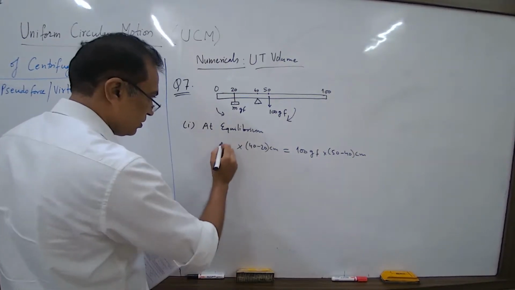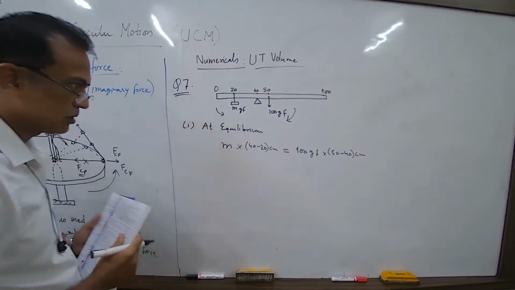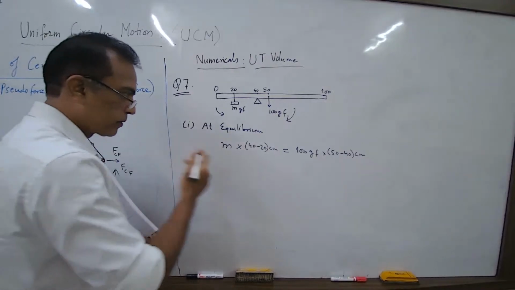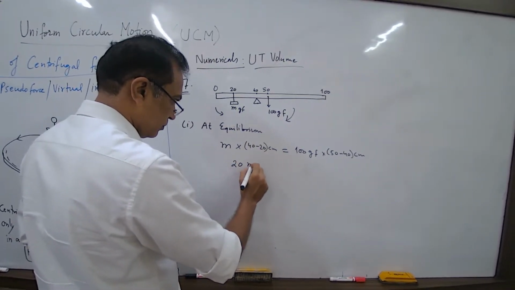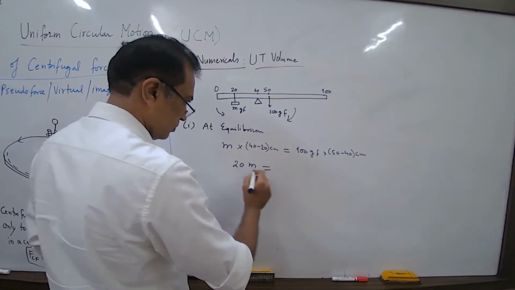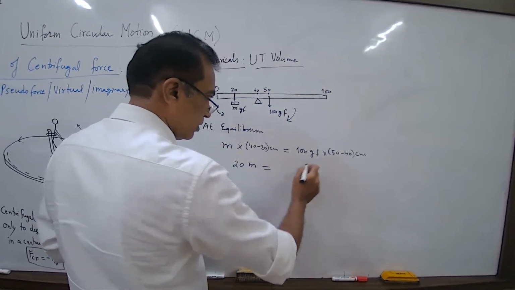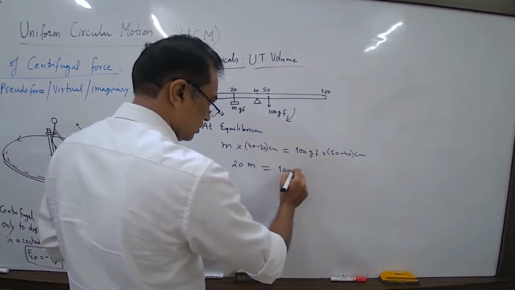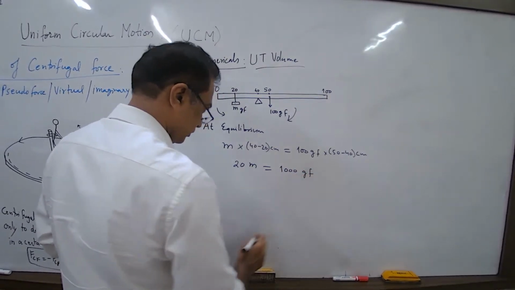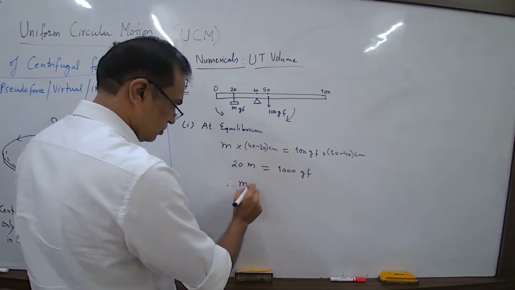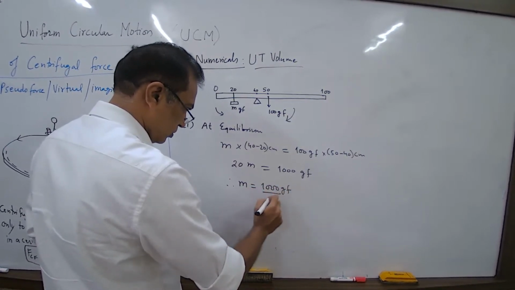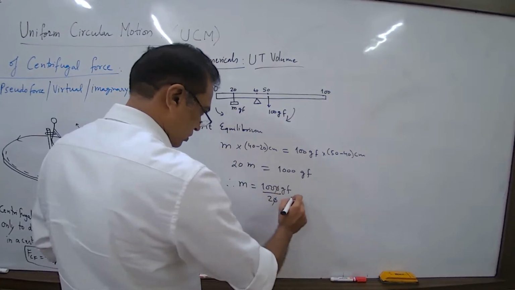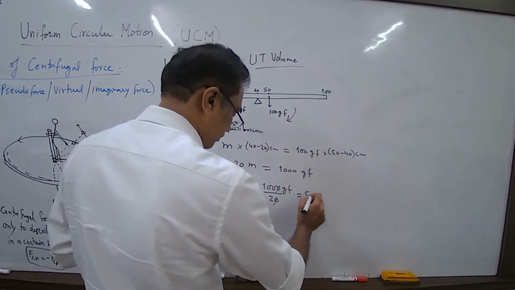We don't write the unit with the unknown. So m into 20 is equal to 1,000 grams. m is equal to 1000 divided by 20. So this is 50 grams.